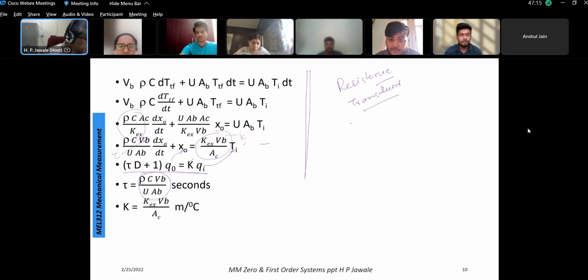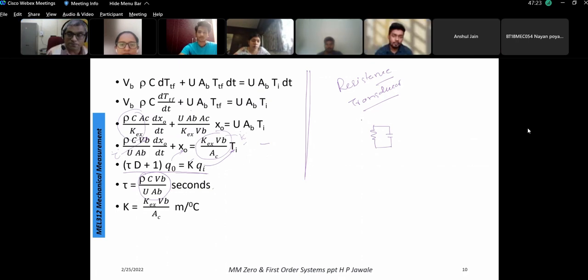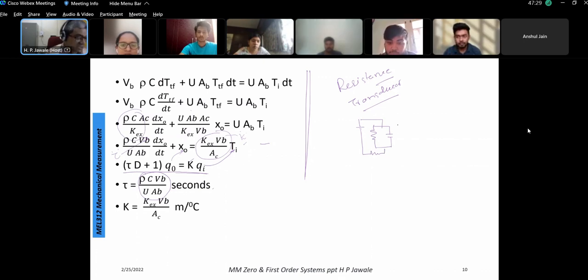Here the resistance and the capacitance are connected to the value of EMF with some resistance. This is the diagram given in the book.